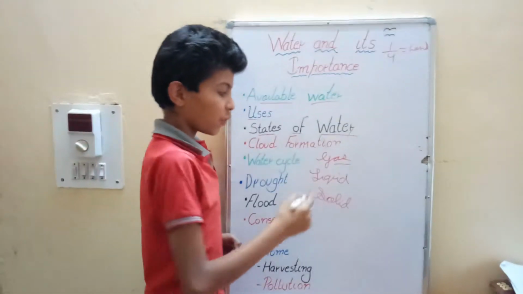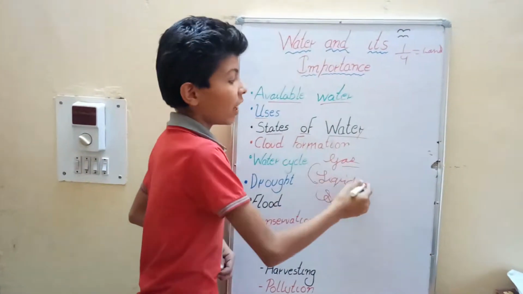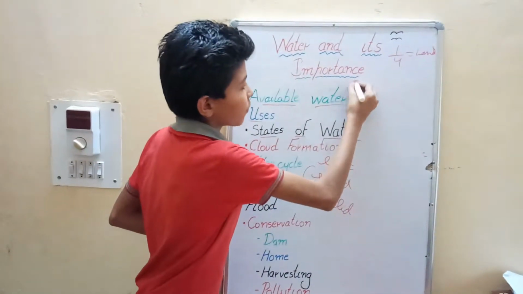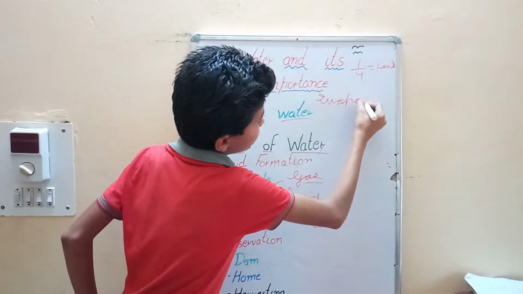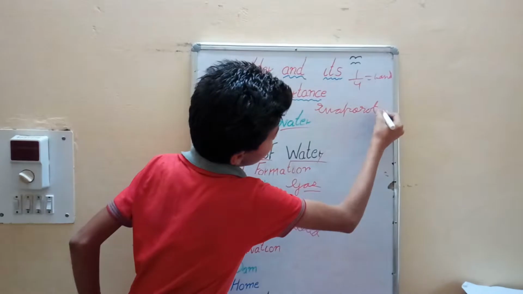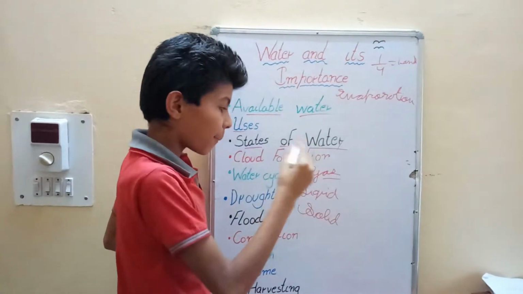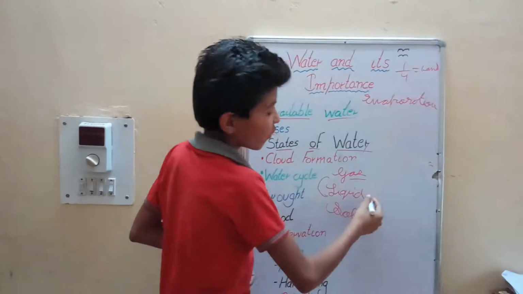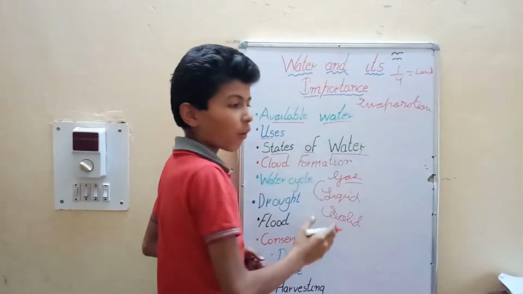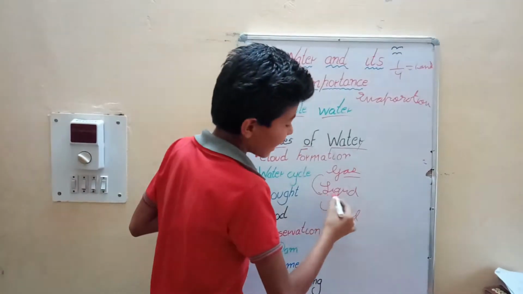We can get gas from liquid by evaporating. What is evaporation? Evaporation is a method of converting the liquid form into the gas form by increasing the temperature.